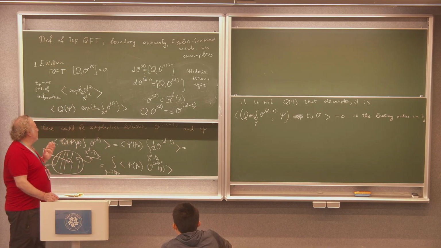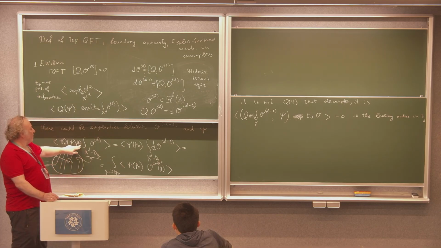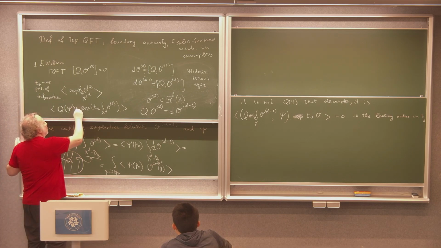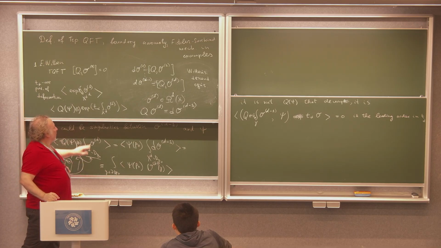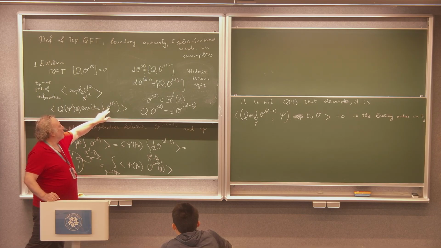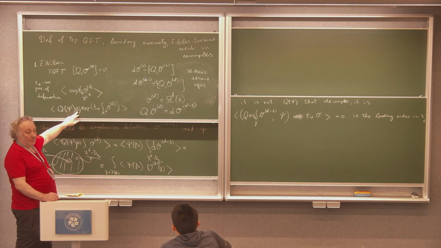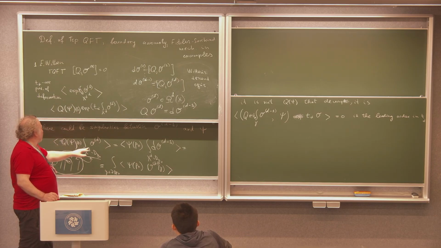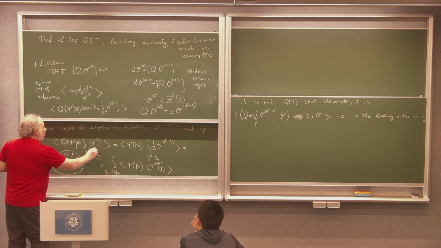However, I need to be accurate. Namely, I have an insertion at point P naught. That's why I cannot say that I integrate over X_d, because there could be singularities in the correlator between O_d and something at P naught. So I cut out the small disk of radius epsilon.